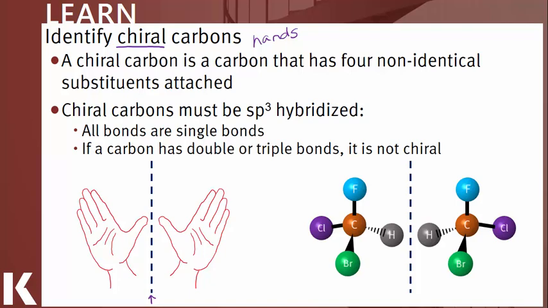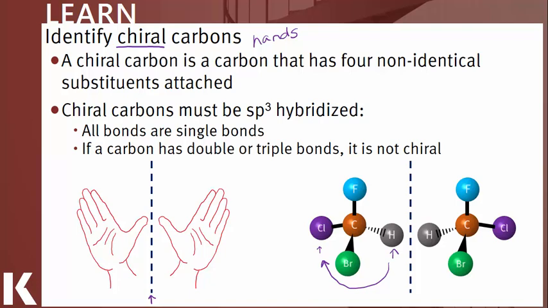Because if we think about it, let's say that we want to get this hydrogen over to the left side. Well, I can certainly spin this molecule around that way, but now bromine is on the right side of my molecule. This can all be really hard to do in your head. I'd suggest getting an organic chemistry molecule set and actually making this molecule and spinning it around in your hand. So that's what a chiral molecule is.